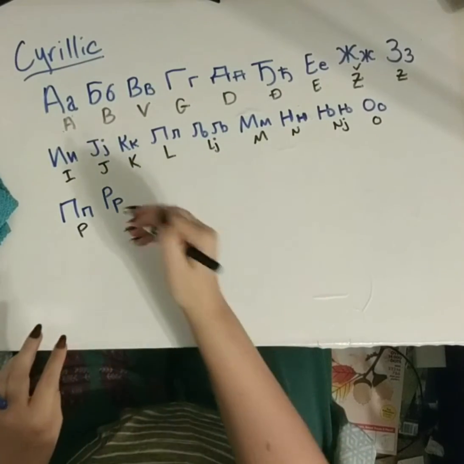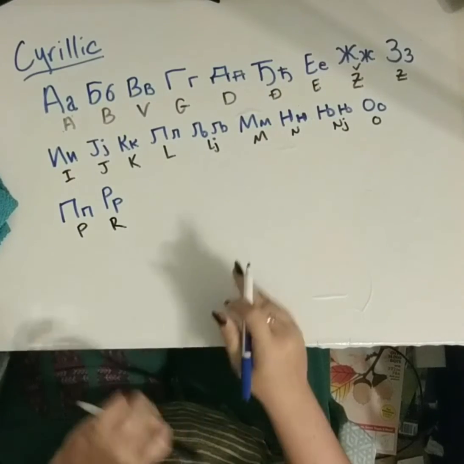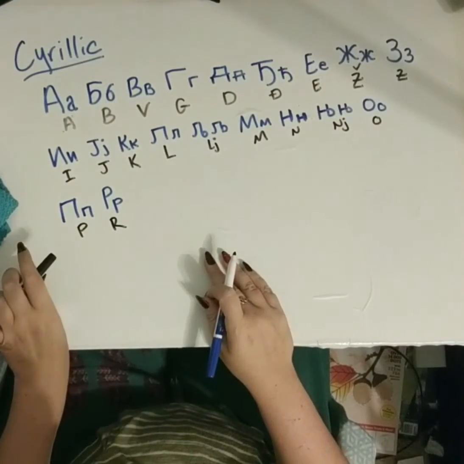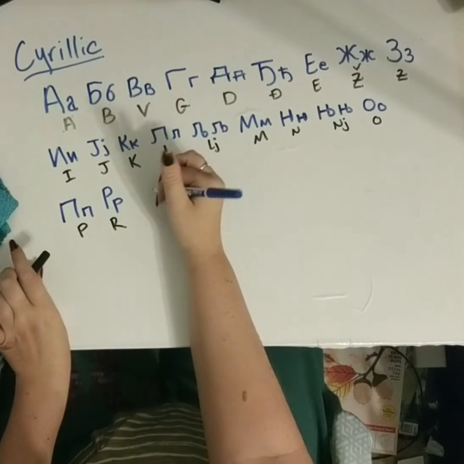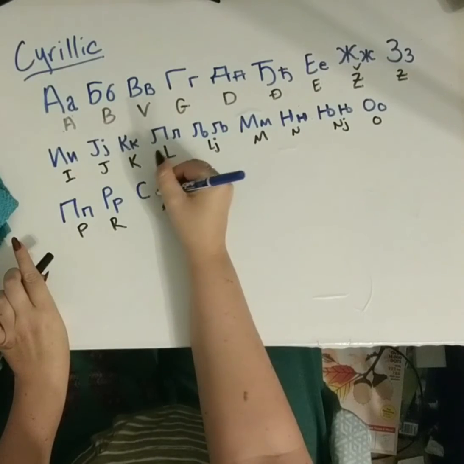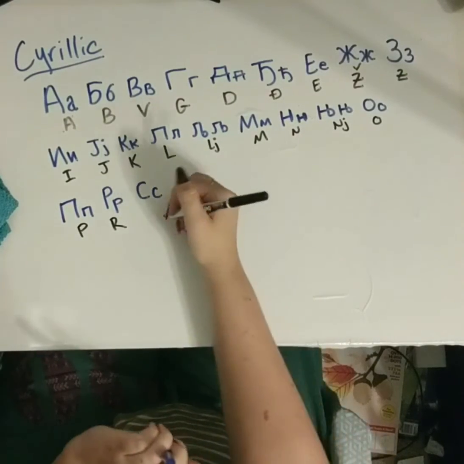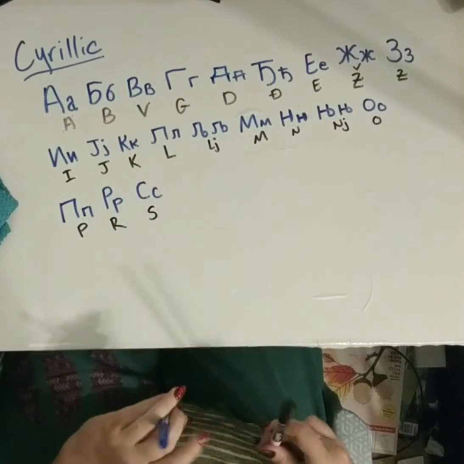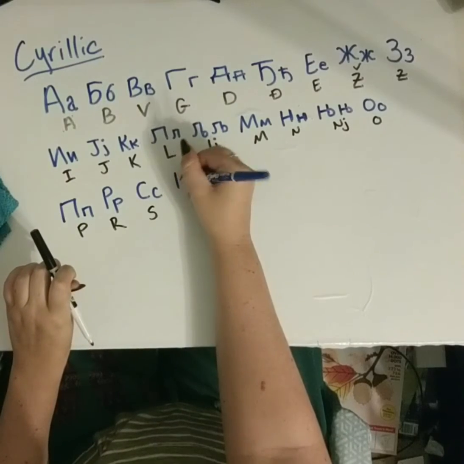So that's R. I know. It's a lot, isn't it? And to make it a little extra confusing, the S sound is this. That's S. I know. Make it a little easier.